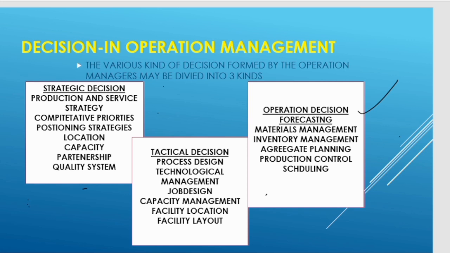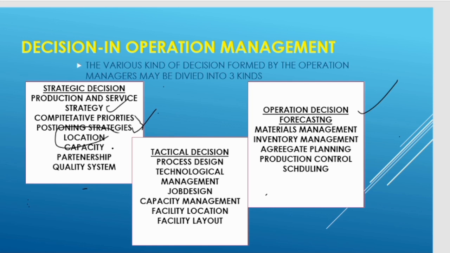What will be the products and services we are going to produce? Manufacturing strategy, competitive priorities, what USPs you are going to have to deal with your competitors, and positioning strategy. In positioning, we consider that the product should be available at the doorstep of the customer, and in location we consider the factory location where you are going to set up your factory to manufacture any goods and services.